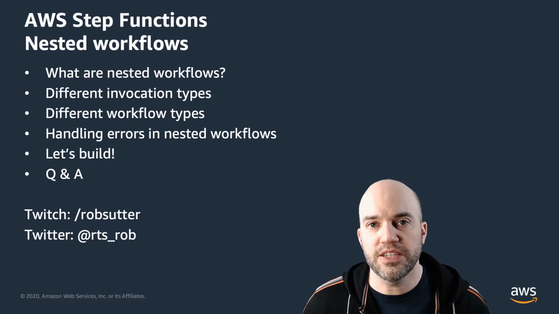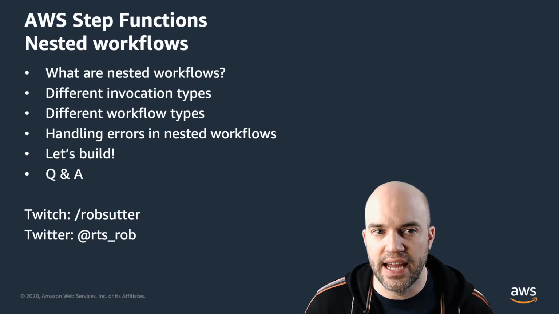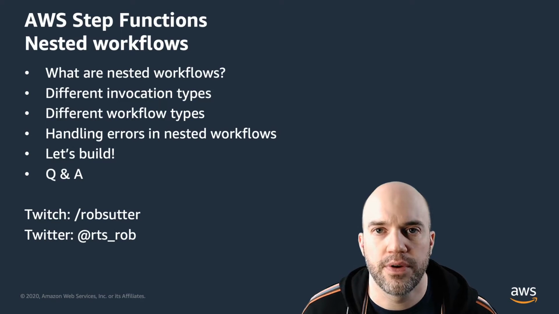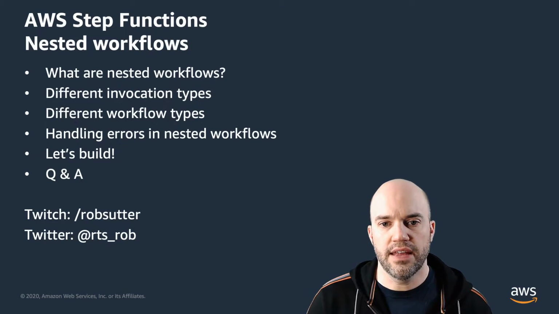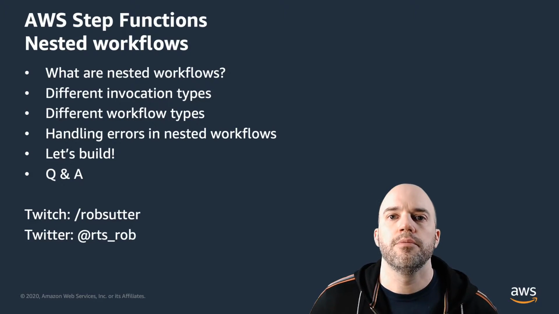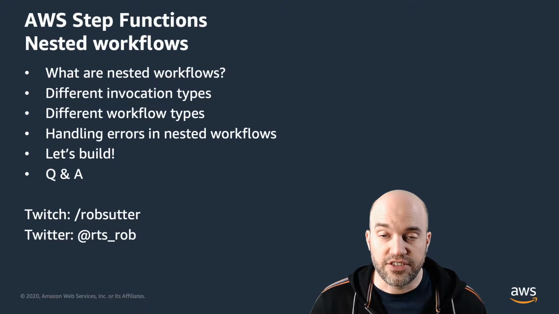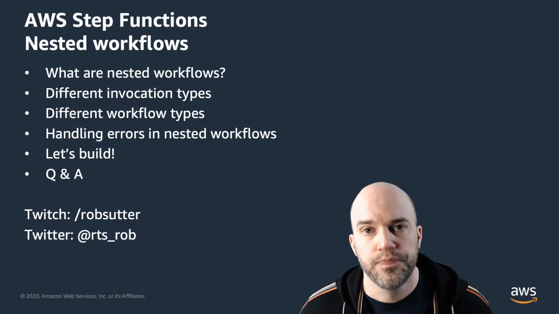Then we have express workflows, which were introduced at the end of last year, which, as I've said, I've been opinionated about in previous episodes. If you can fall within the constraints of express workflows, you should always be using them, because you get more concurrency, you get faster execution time, less latency.